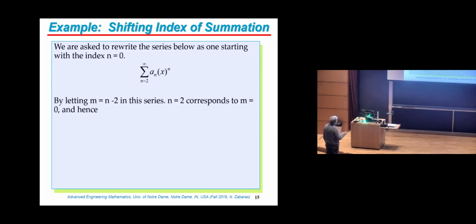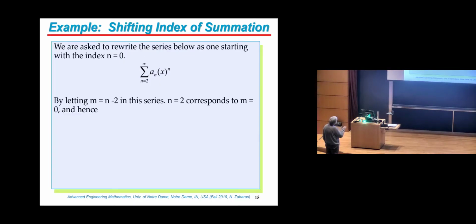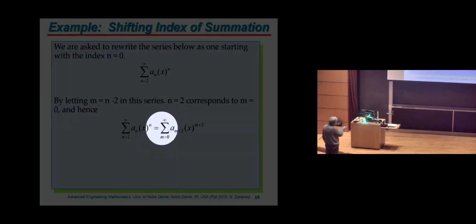All right, so let's do that. We're going to set m to be n minus 2, right? So when n is equal to 2, this m is going to start from 0 to infinity. So we're going to set m equal to n minus 2. So n will be m plus 2. So the summation will go from m equals 0 to infinity. an is going to become a(m+2), x to the power m plus 2.